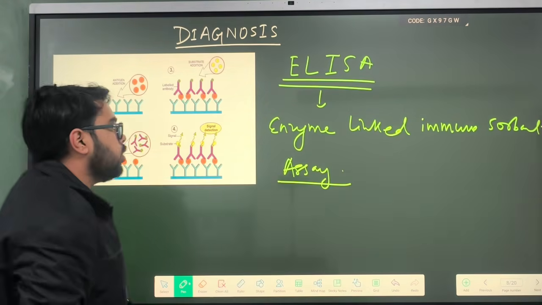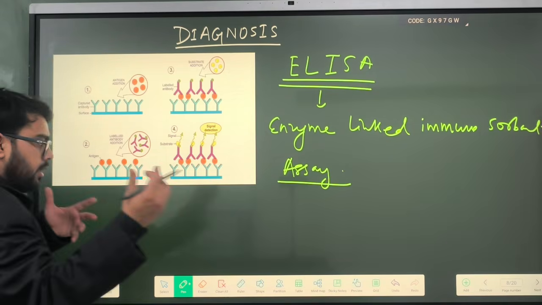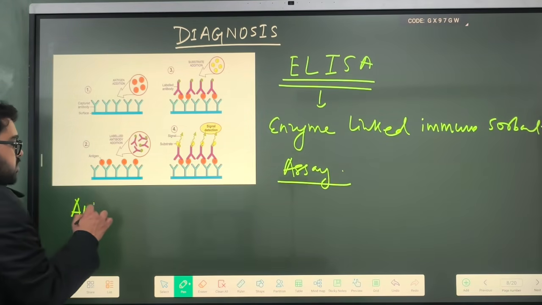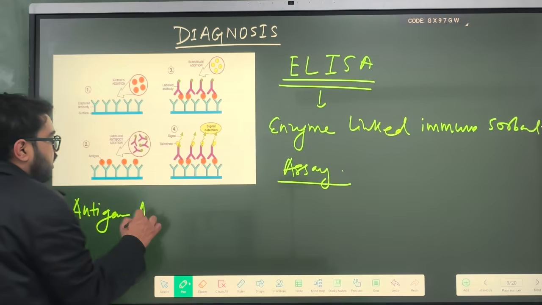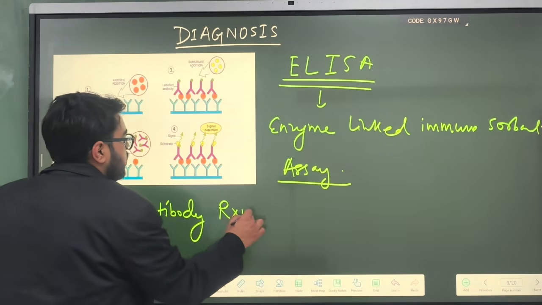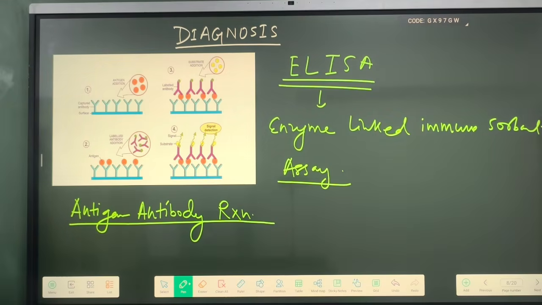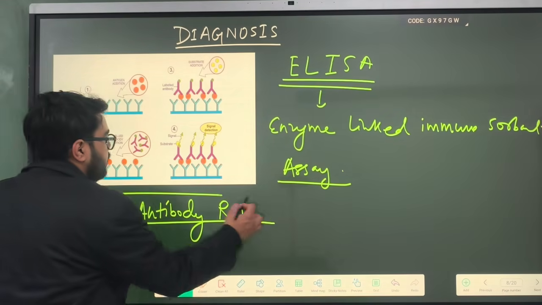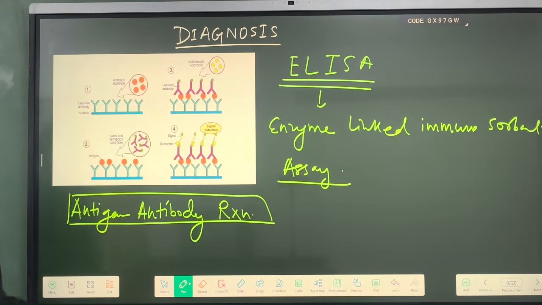This method is very important because the examiner can ask you, it is based on antigen and antibody reaction. So this is a very important method for identification.